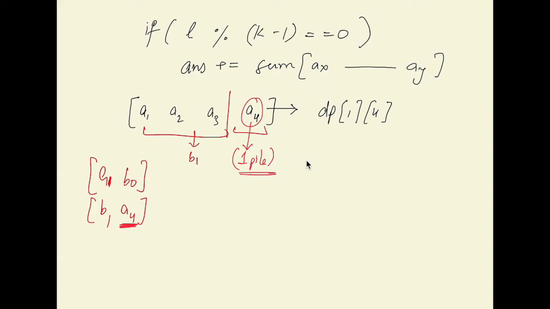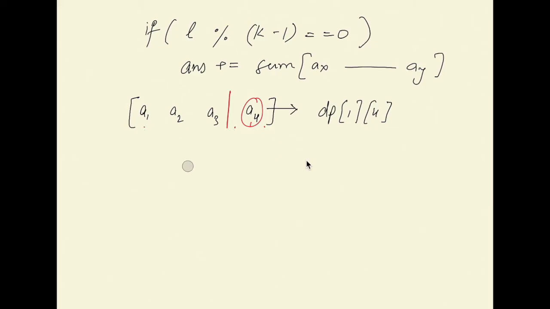But on the contrary, if we had 5 piles, let's say A4 and A5, and we have 3 options.